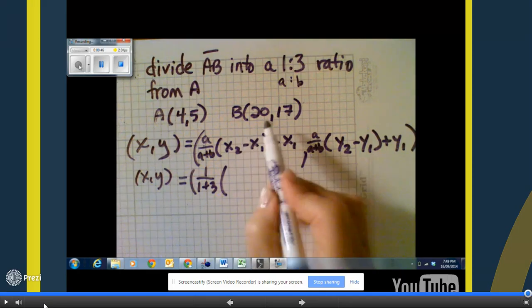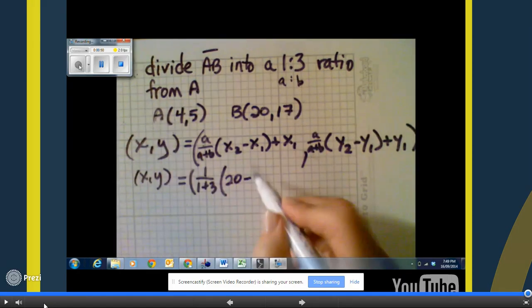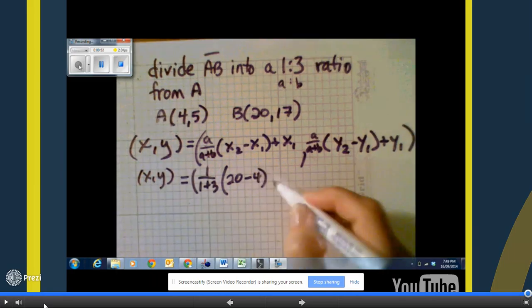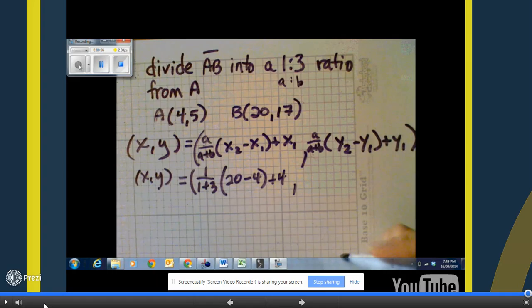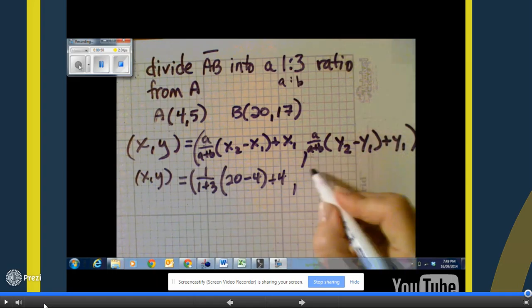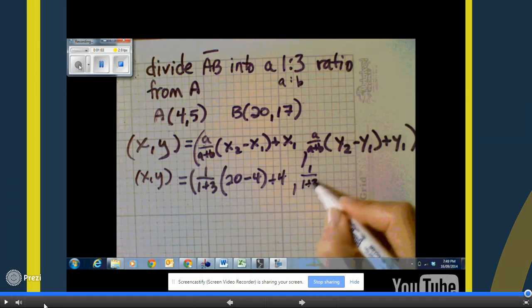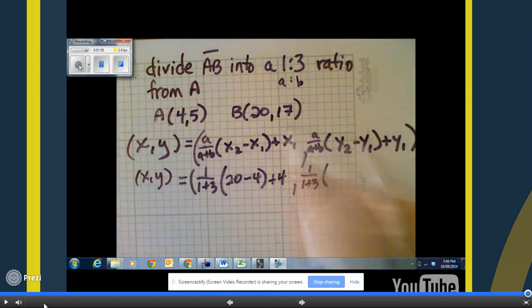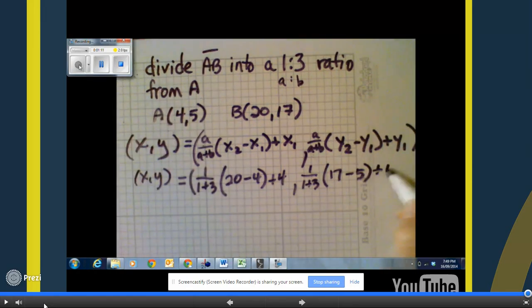The x2 is 20, the x1 is 4, and the x1 is added back. So that's our x coordinate. Now for the y, it's 1 over 1 plus 3, and then the y2 is 17, the y1 is 5, and we add it back to the y1.